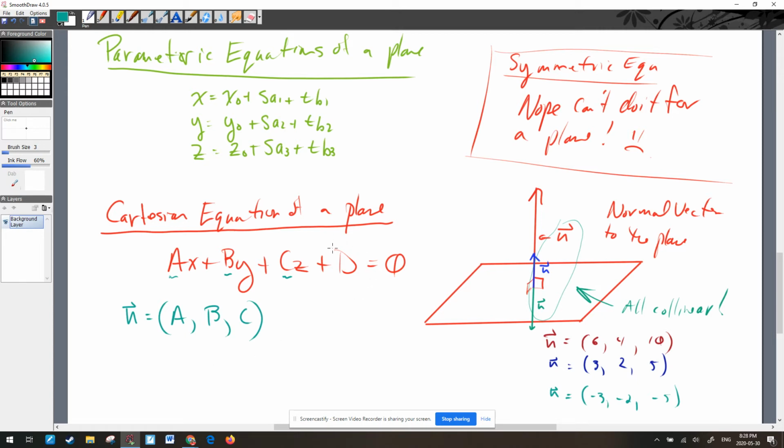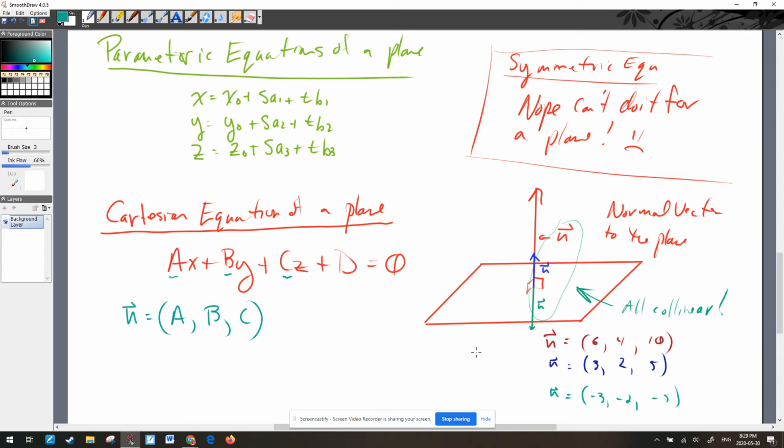And then D is a constant that is going to help define where that plane is. So imagine this alternatively: you have a pole that's spiked into the ground somewhere. You could walk along with a piece of cardboard that fits over that pole, and you could slide that cardboard over the pole so that it's perpendicular to the pole.